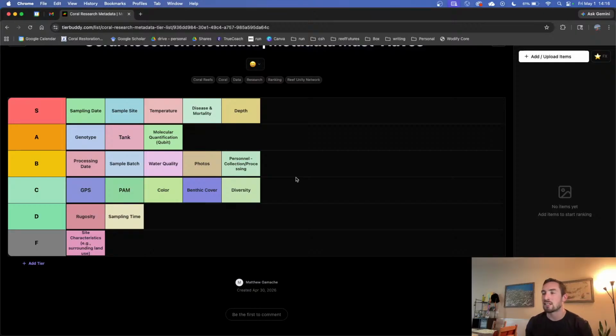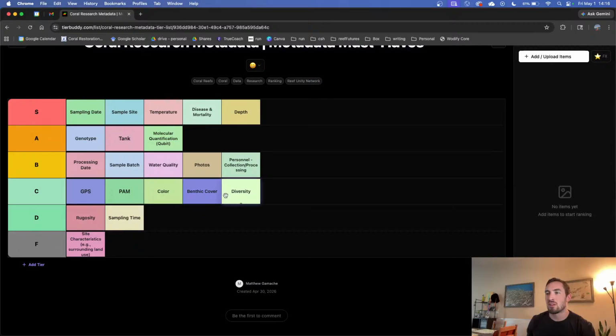Well, I don't like collecting diversity data. I know that's irresponsible to say. Rugosity, sampling time. I feel like rugosity and benthic, I don't know why I included rugosity.